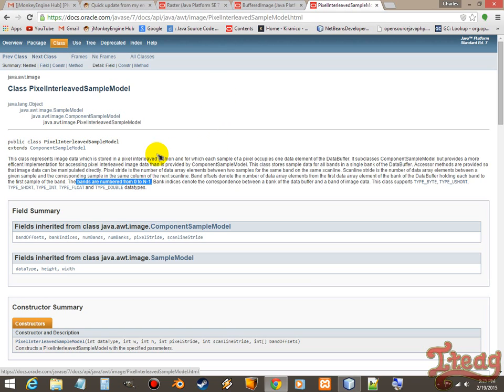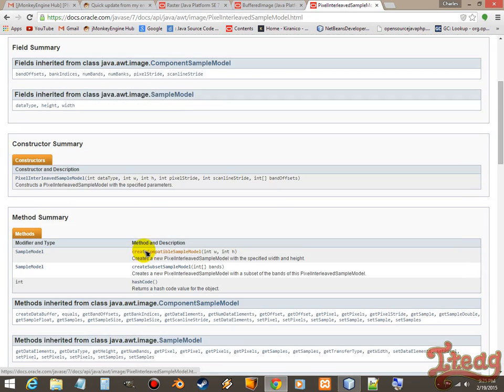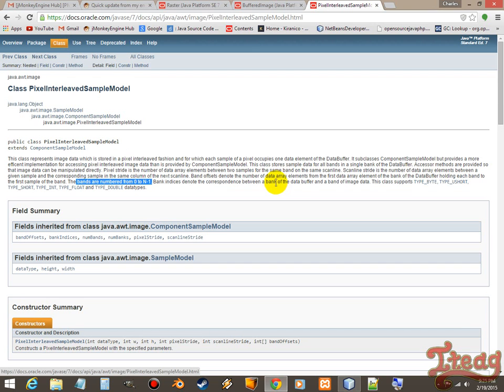Now, this is the interleaved model, which just has one bank, and because it's interleaved on the pixel, it's red, green, blue, and so on, and you also have to specify the offset to the next pixel, in the constructor, the pixel stride. And then if you were to go one line down, it'd probably be dependent upon the height, the scan stride, then how to go one line down, and then different offsets.